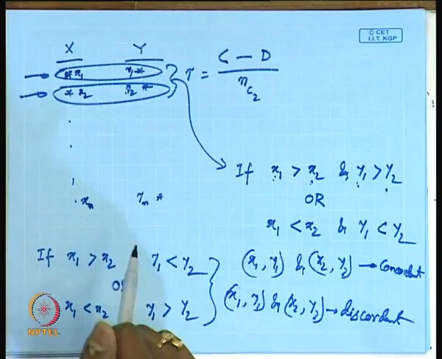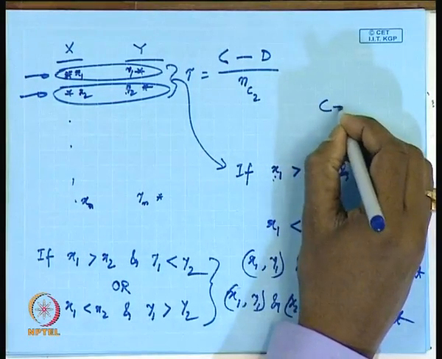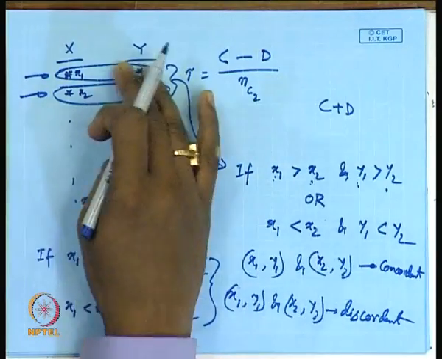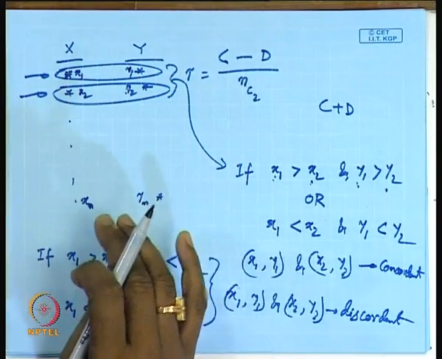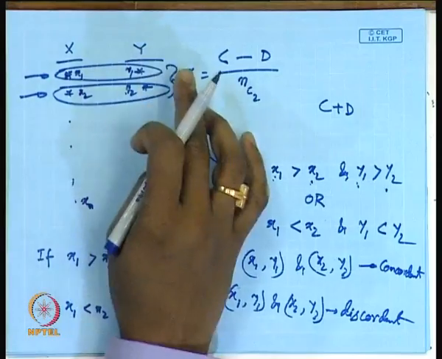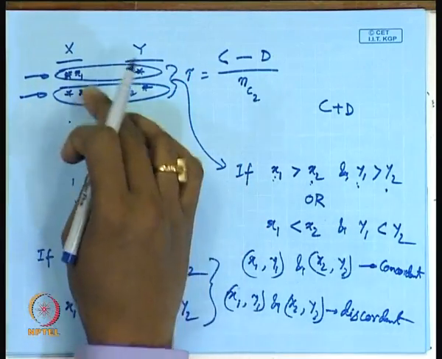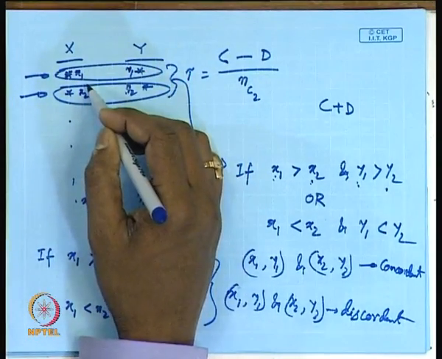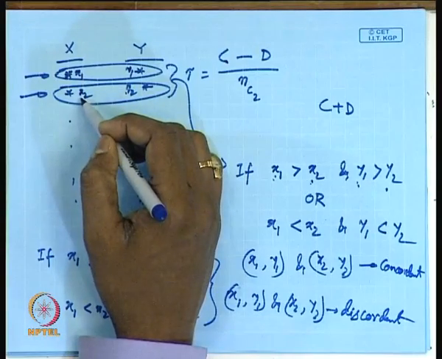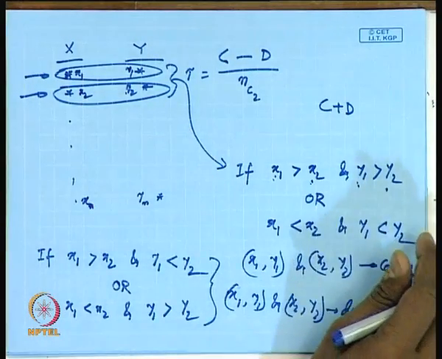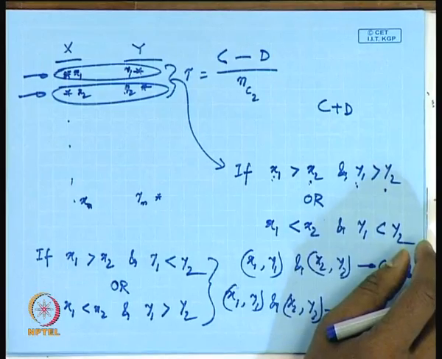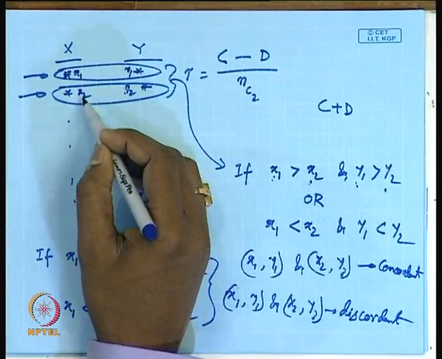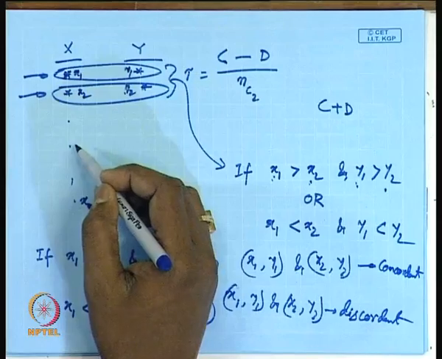In the ideal case, if both are continuous random variables, the probability of being exactly equal is 0 from the theory point of view, but in a sample it can happen that x1 is equal to x2 or some pair is equal.